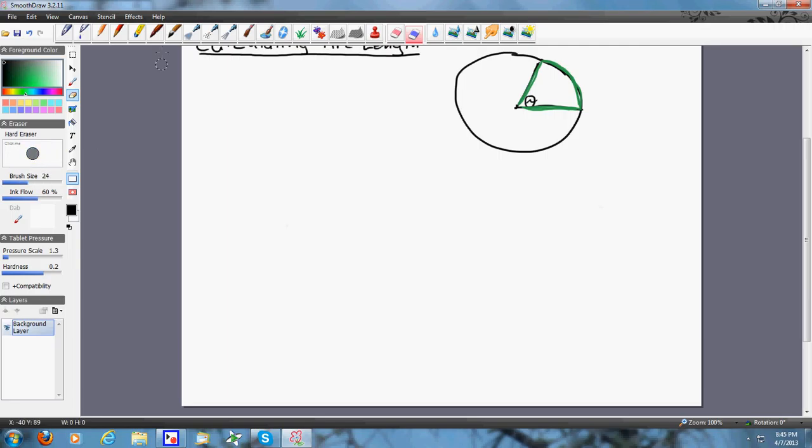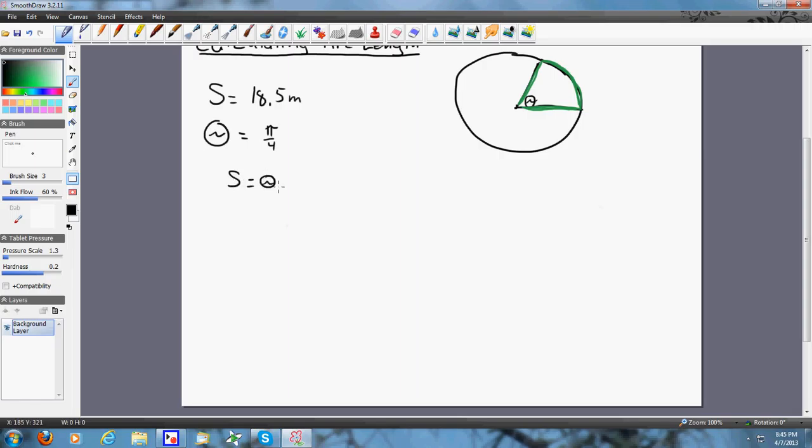And I'm going to say, let's say that I know that my arc length is 18.5 meters, and my angle is pi over 4. Let's find out how long my radius is.